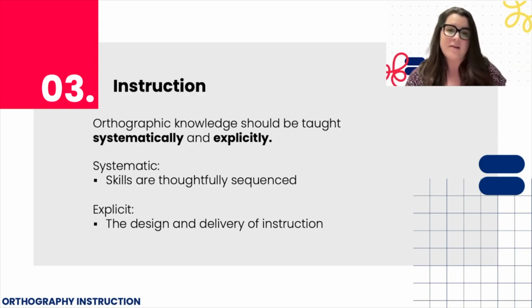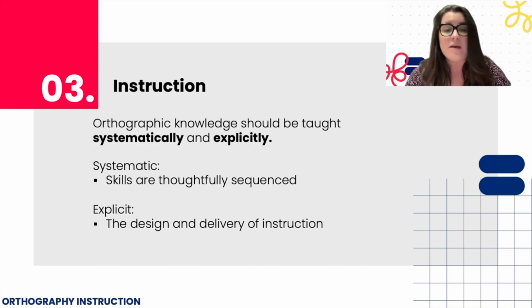When designing explicit instruction, our focus should be on prioritizing critical content, breaking it down into smaller subskills and maximizing on-task academic learning time. As for the delivery of explicit instruction, it becomes so important to employ concise language, use examples and non-examples, encourage frequent responses from students, including choral responses, and provide lots of opportunity for practice.